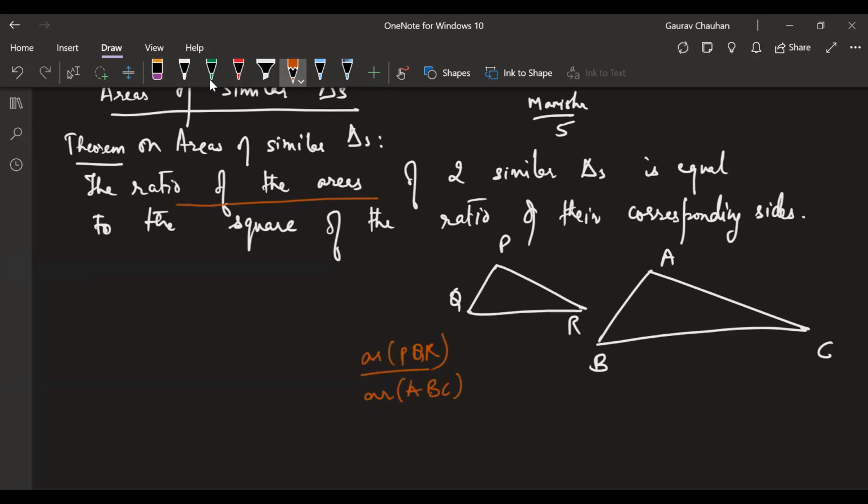When I take the ratio, it will be the square of the ratio of corresponding sides. Any side you take, PQ by AB is corresponding, its square it will be. So this will become my to prove part.